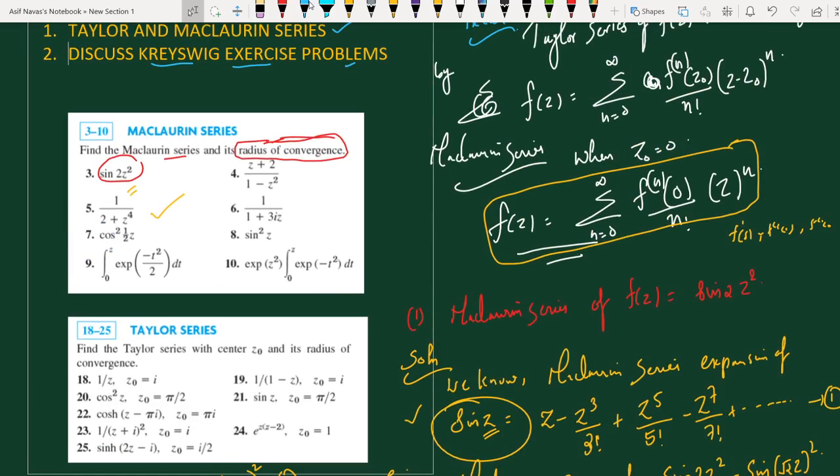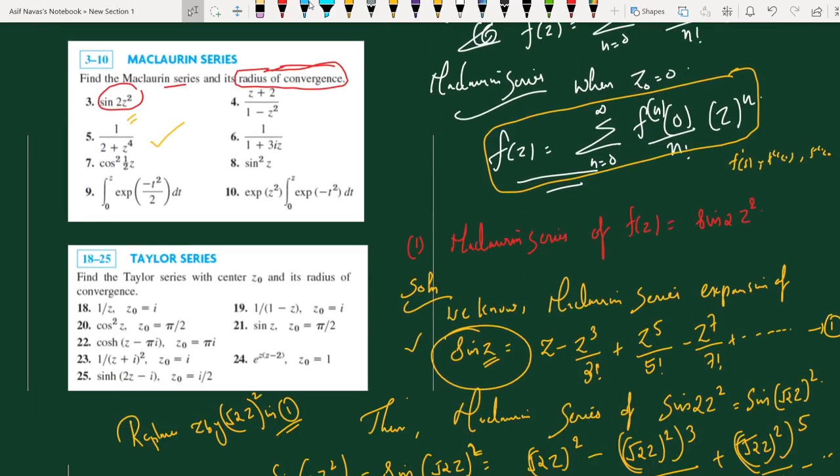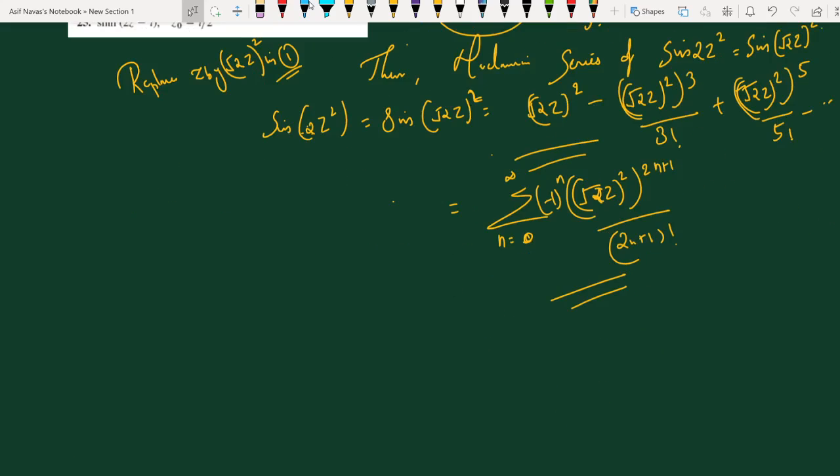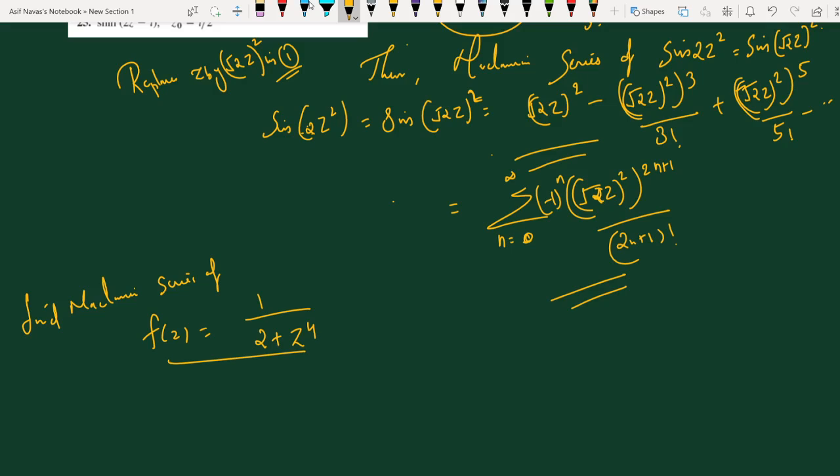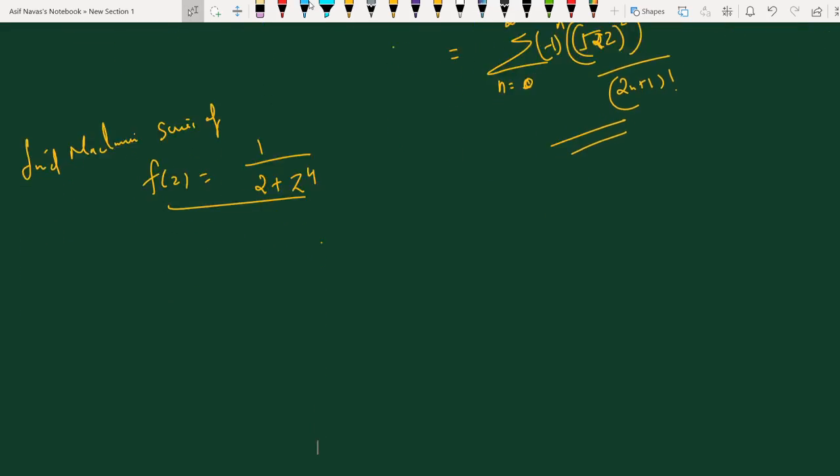f of z equal to 1 by 2 plus z raised to 4. So find the Maclaurin series of f of z is equal to 1 by 2 plus z raised to 4. Now we know this is of the form 1 by 2 plus z raised to 4.